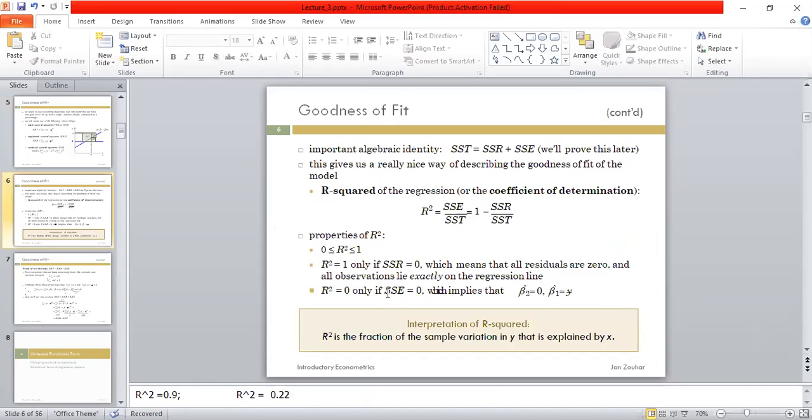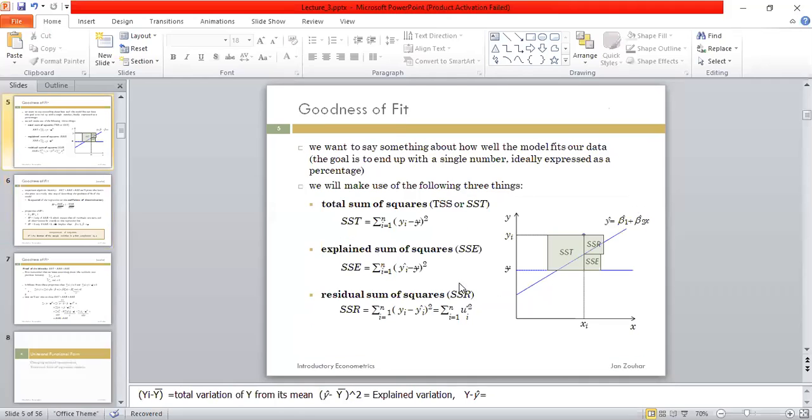So the explained sum of squares is just 0. x cannot explain because x increases, y does not change. Then the explained sum of squares is 0. The line is exactly like this, y bar.